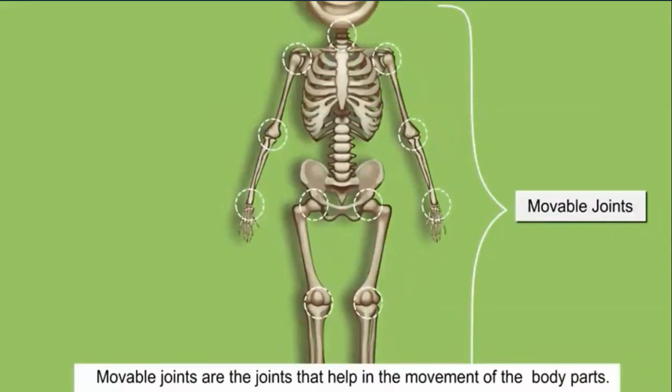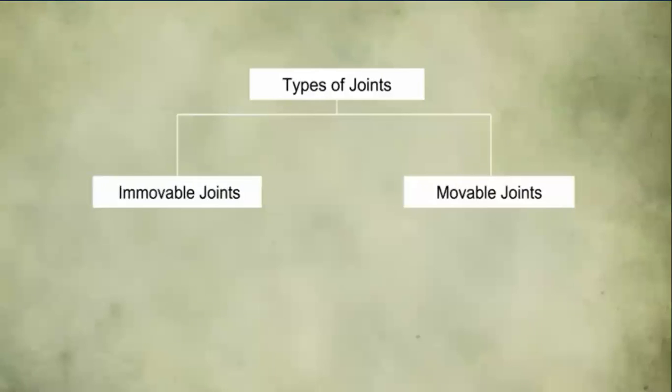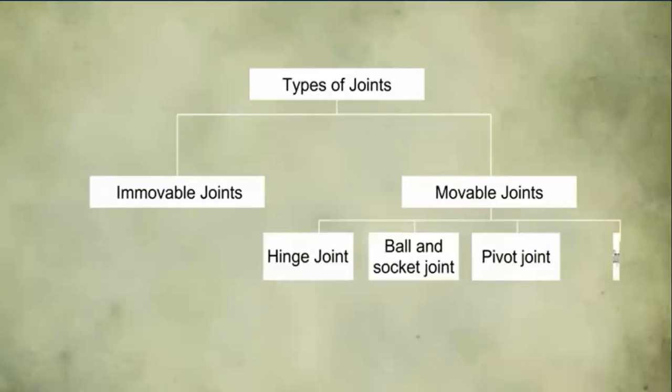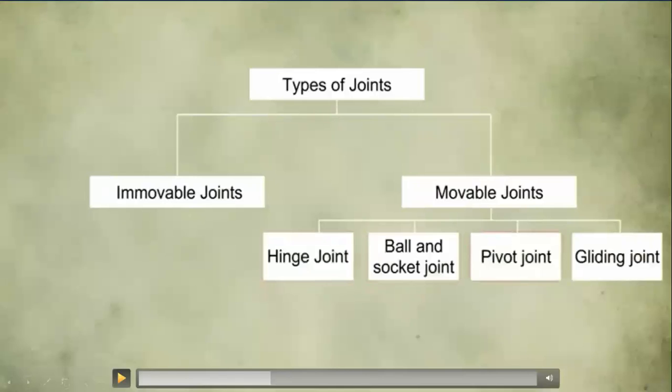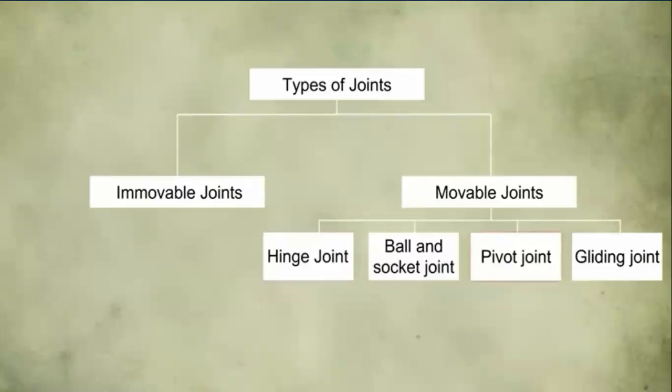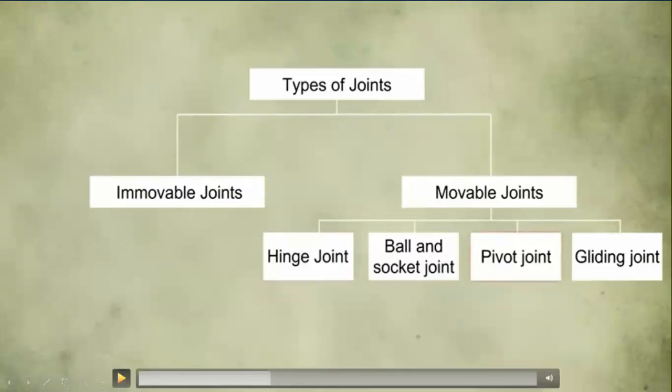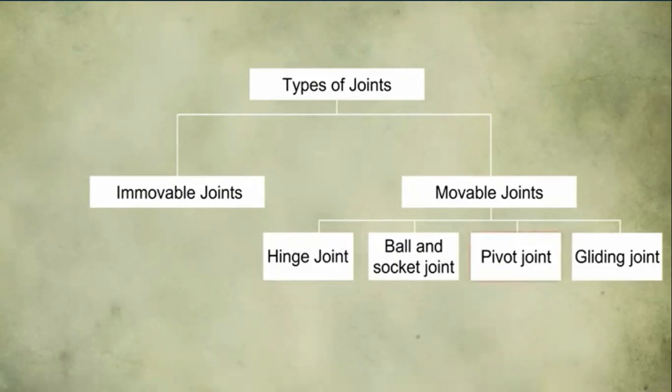So that helps in the movement of body parts. You will have the movable joint. So the type of joints, movable and immovable. There you have four different kinds of movable joints also. That is a hinge joint, ball and socket joint, pivot joint, gliding joint. Yes, one more is there, saddle joint, but it's not so important, but they can be asked for our exam. It is not explained in this video.